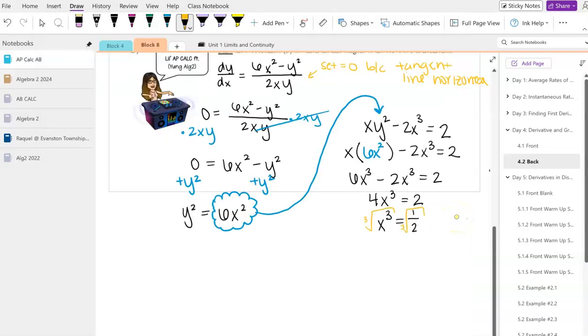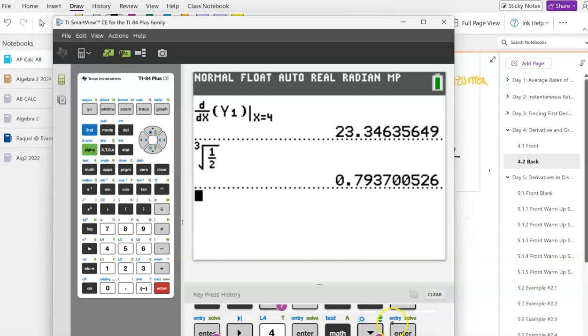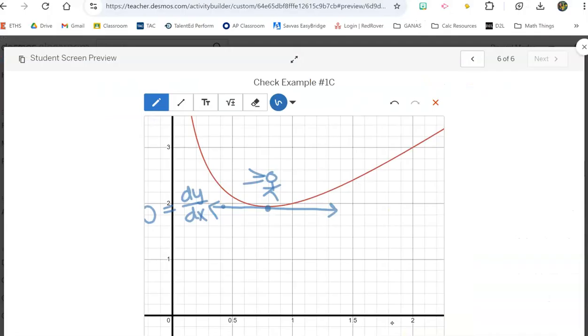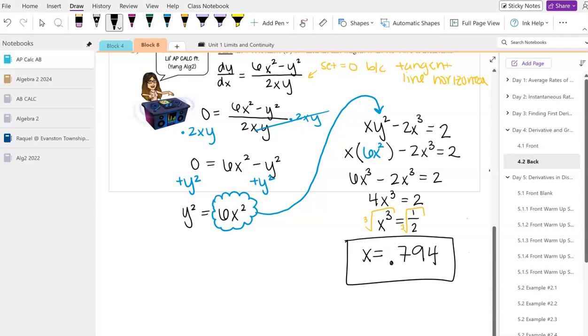You need to round to 3 decimal places. So the x coordinate where my tangent line is horizontal is 0.794, which was correct with our guess because we said it was between 0.5 and 1, and this x value is in between that.